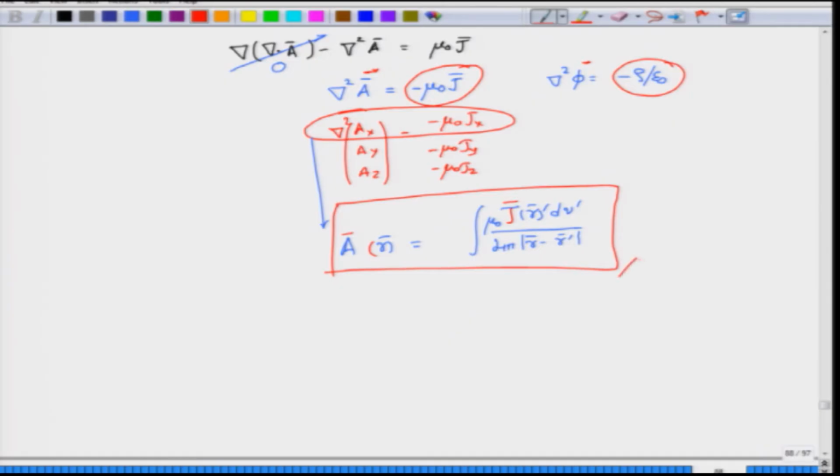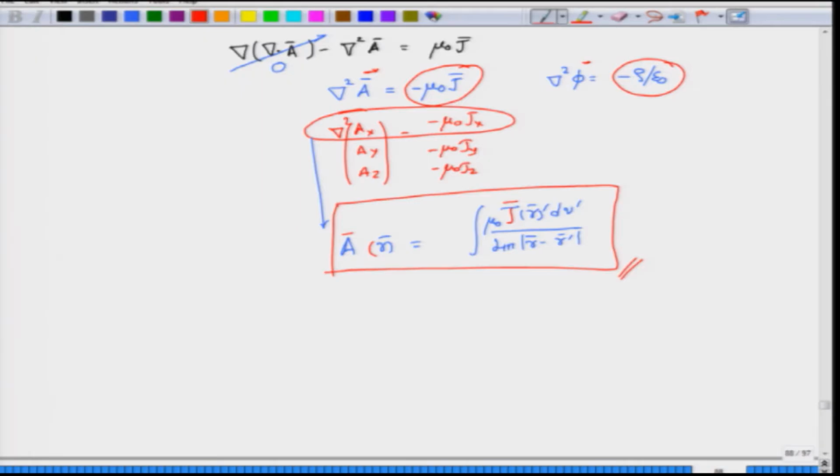So, these are the two equations and the two solutions that we were actually looking for, and given that if the current distribution is known, then you can find A, and from finding A you can find out B. Yes, it is tedious in some sense, perhaps there is nothing we have gained from introducing this vector potential is what we will think of, but not really.